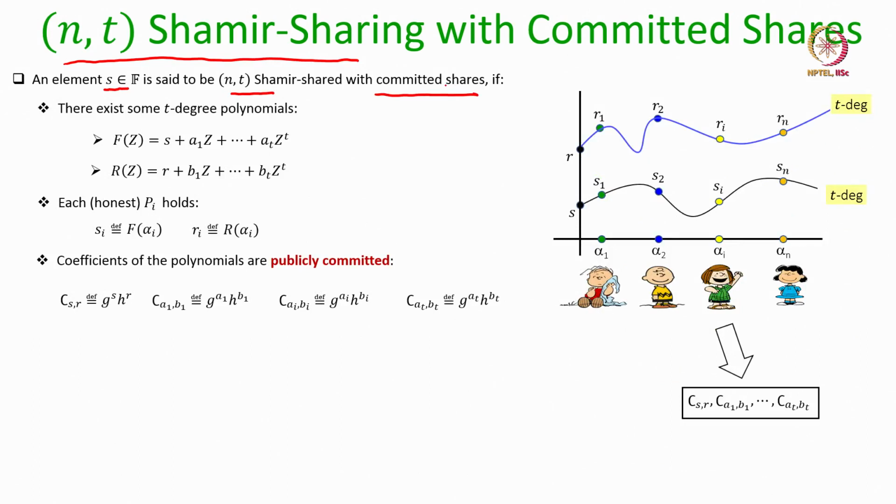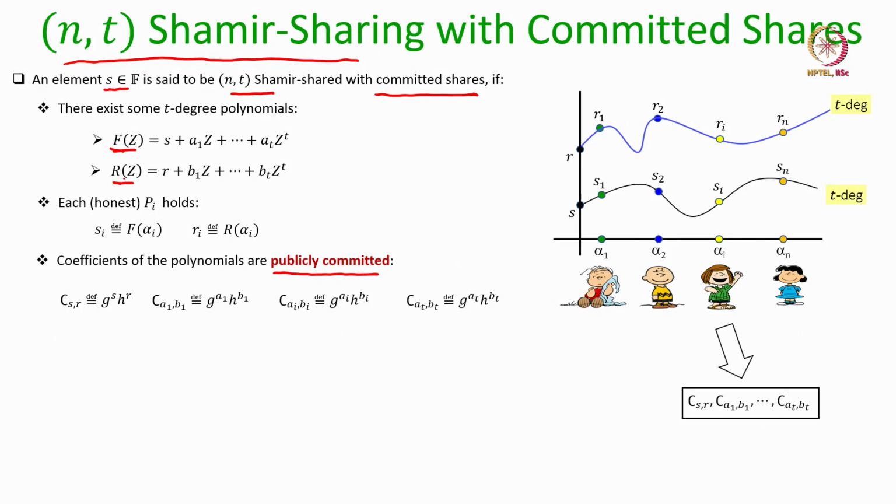There should exist some t-degree Shamir sharing polynomial F and a t-degree randomness polynomial R, with each honest party Pi holding the shares on the polynomials F and R, plus the coefficients of the Shamir sharing polynomial should be publicly committed with respect to the coefficients of the randomness polynomial.